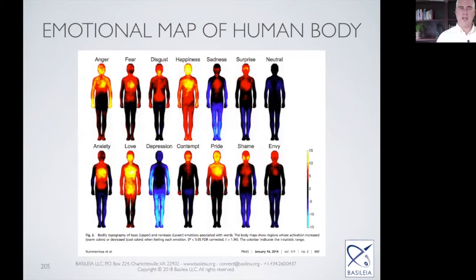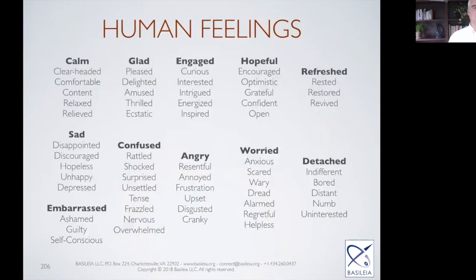So the point here is that our body sensations change as we experience different emotions. There's this very tight relationship between our body sensations and emotions, and a vocabulary of each of those helps us get in touch with those feelings.